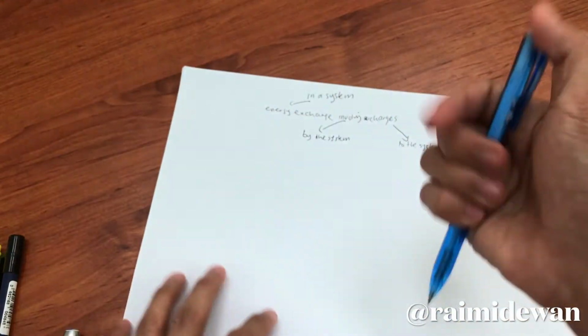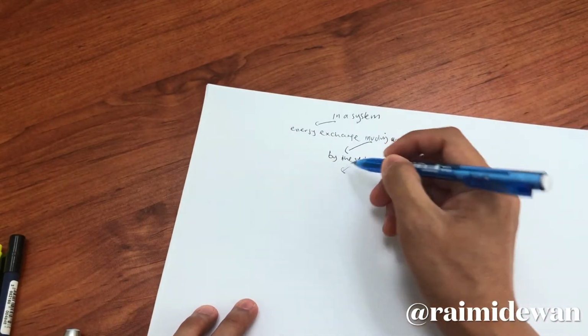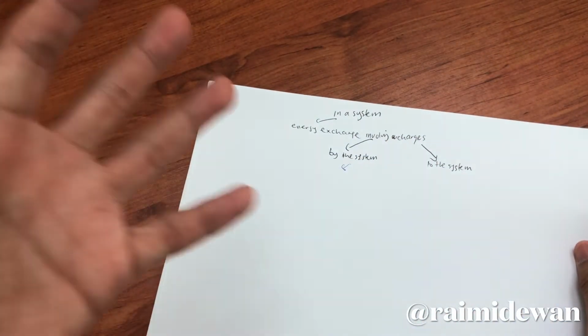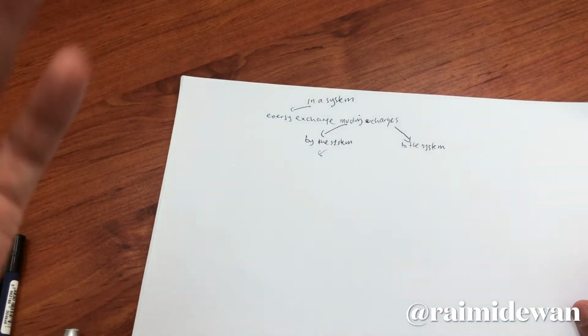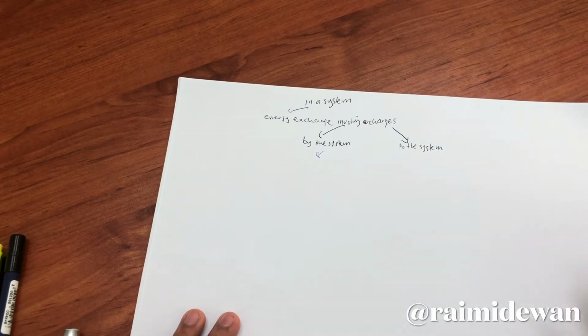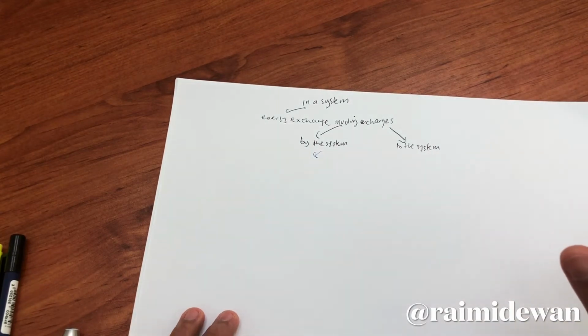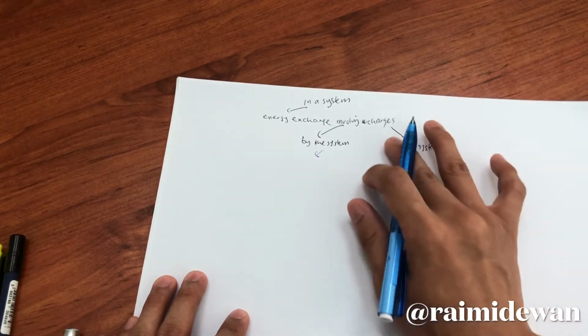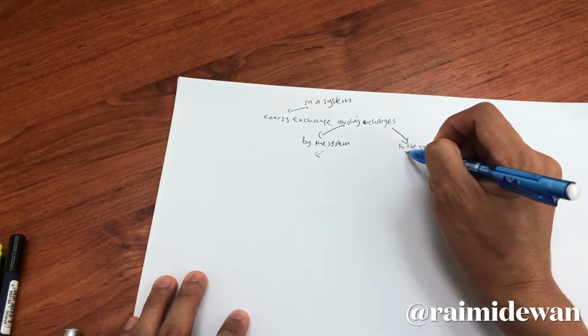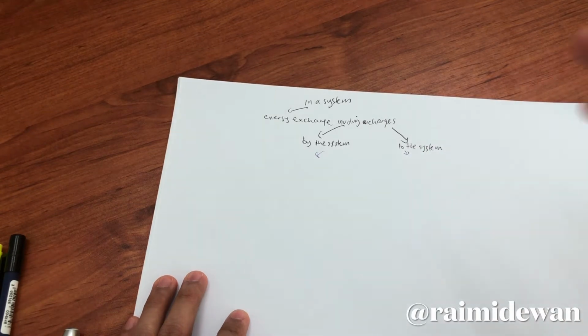So here the energy exchange happens by itself. We just observe, we didn't do anything to that system. However, in here, to the system, we actually introduce some external factor.